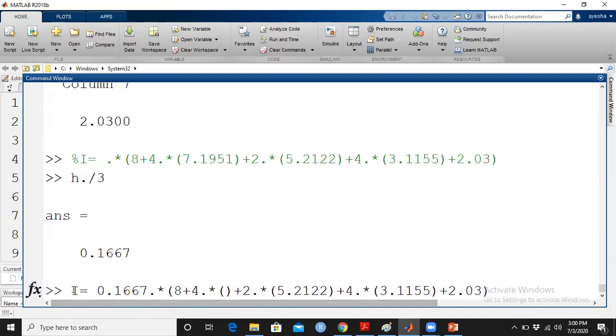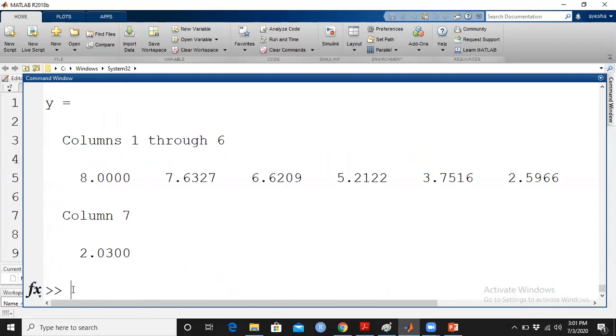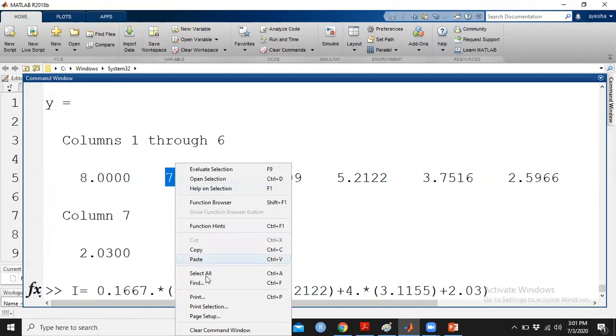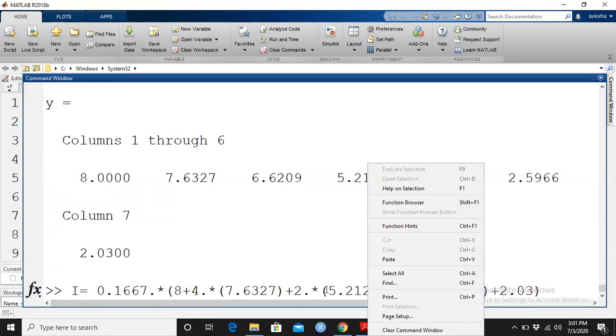Remember, let me recall what the functional value was. The functional value is this, so let me type it here. So 4 times this value. Do not make the mistake of using the previous values now, because the step size has changed. The corresponding functional values will change.